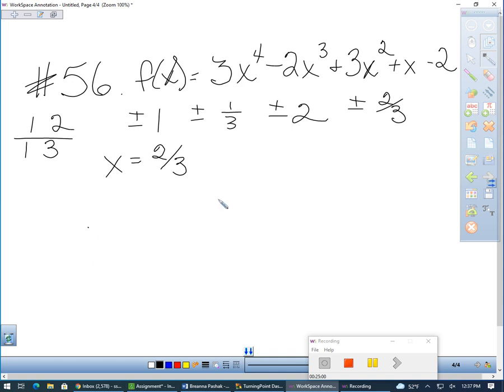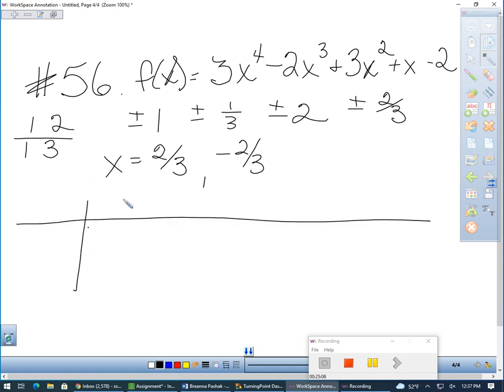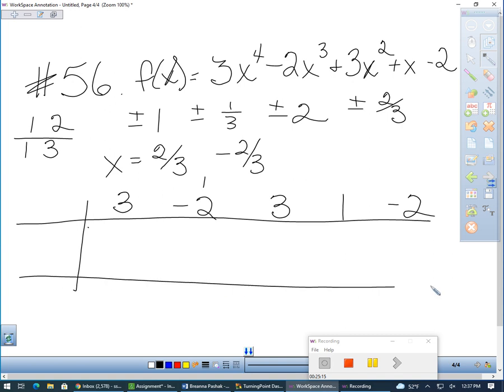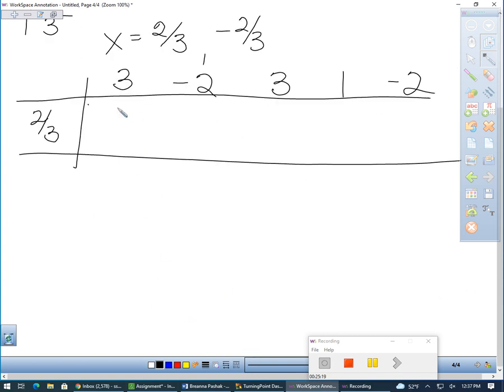All right, so here we go. Synthetic division. We have 3, -2, 3, 1, and -2. Starting on the outside, we're going to do 2/3. So I'm going to bring down my 3. 2/3 times 3 is 2.